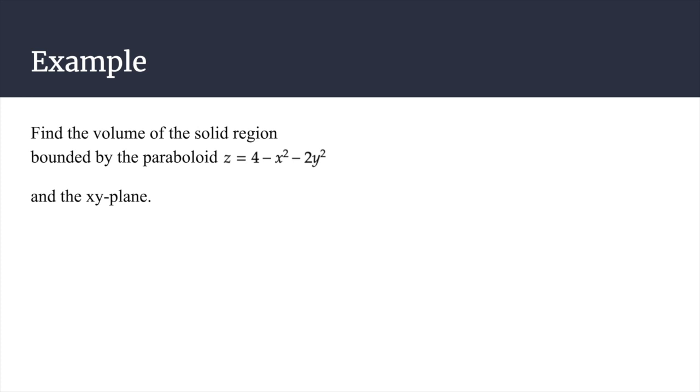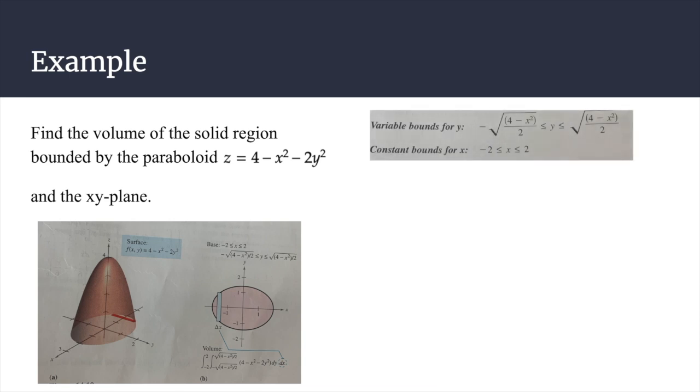Here's another example. Find the volume of the solid region bounded by the paraboloid z equals 4 minus x squared minus 2y squared and the xy plane. The solution is by letting z equal 0. You can see that the base of the region in the xy plane is the ellipse x squared plus 2y squared equals 4.